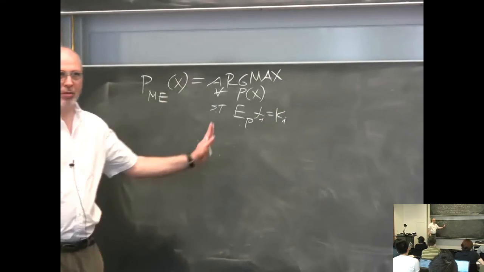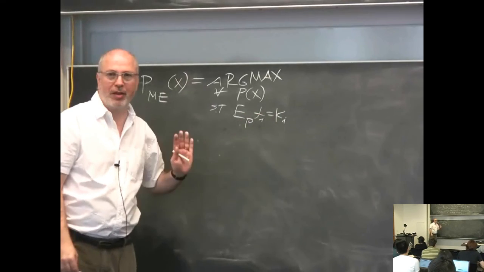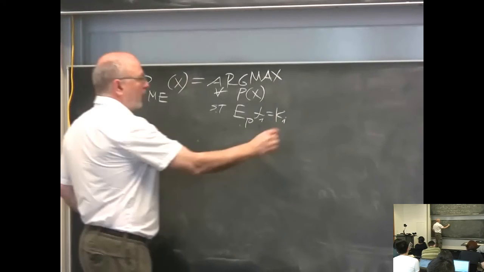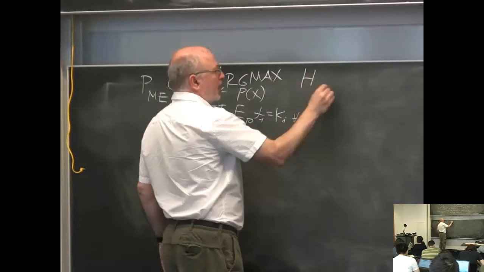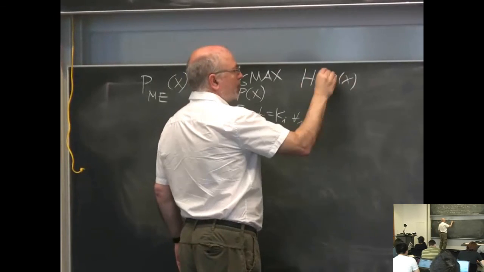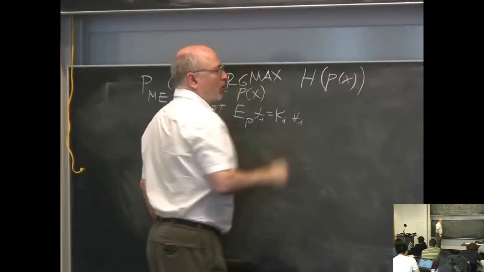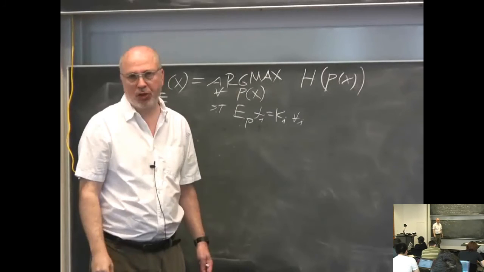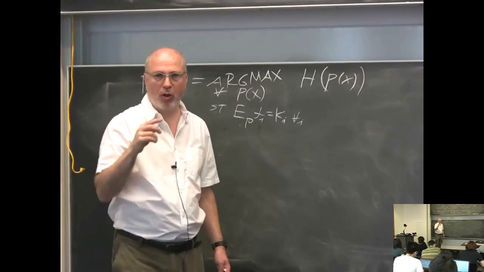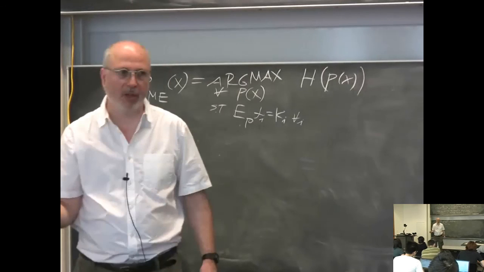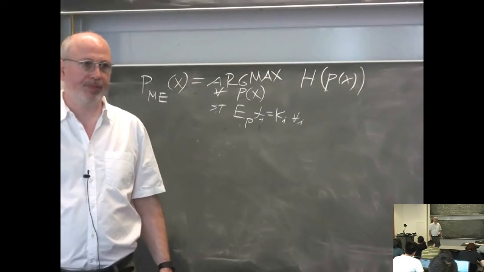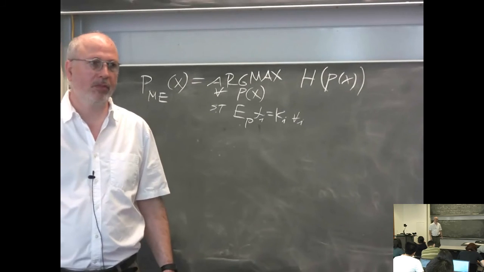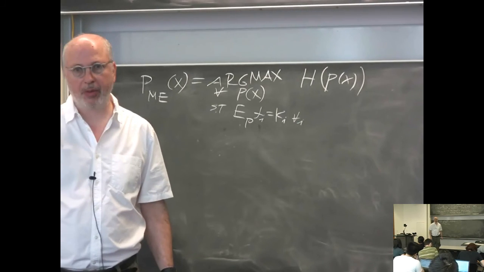So you maximize over all the things that satisfy this for every i. What do you maximize? You maximize H of P of x. We all know what H of P of x is, right? It's sum of pi log pi over all possible x's, or integral if x is continuous. This is the maximum entropy principle.